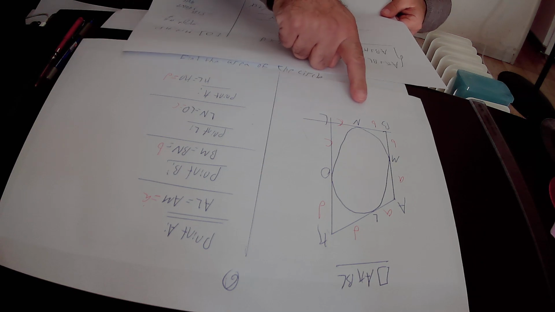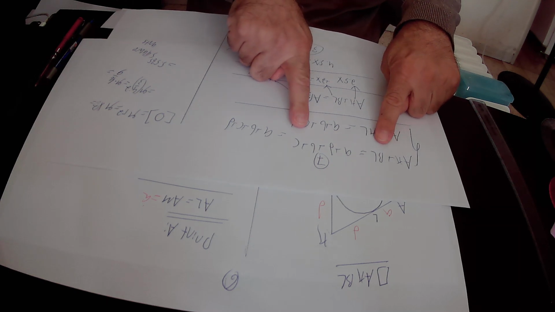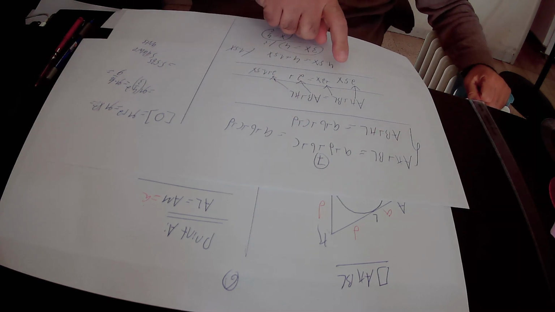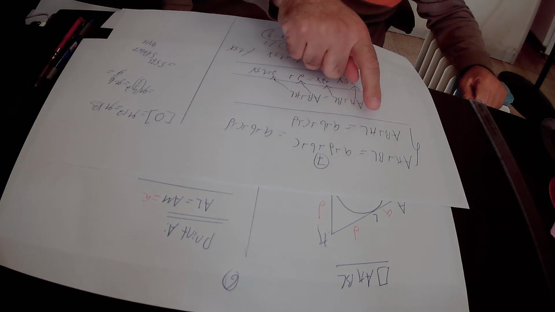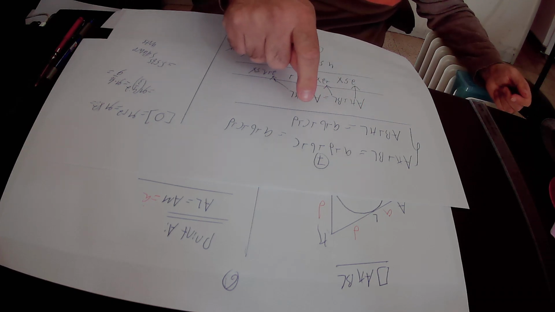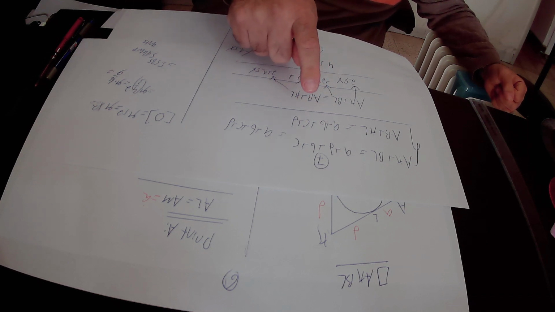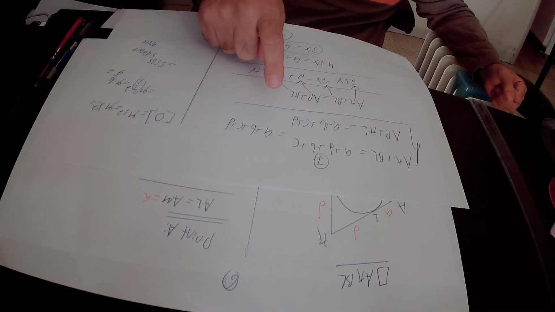BL equals B plus C, so we substitute BL by B plus C. So in conclusion, we found out that AK plus BL equals A plus D plus B plus C. We can change the order of the variables here, and we get that AK plus BL equals A plus B plus C plus D.